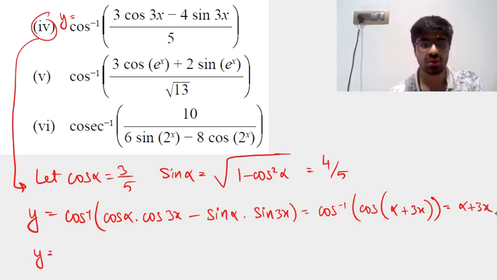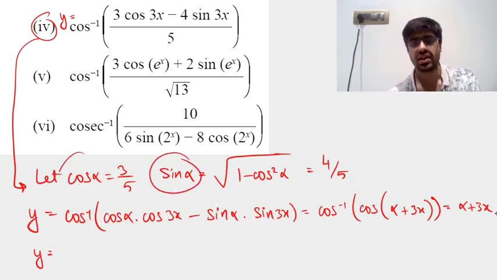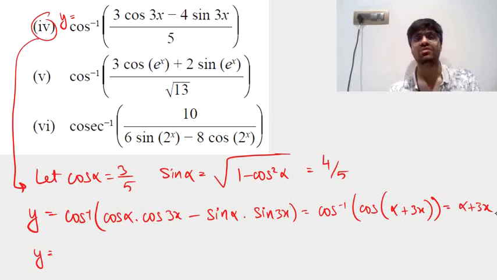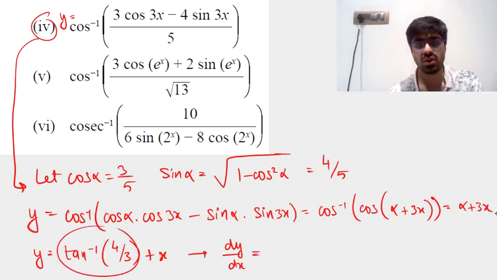So y will be equal to alpha plus 3x, and alpha is taken from here. So sin alpha upon cos alpha will be tan alpha, which is 4 by 3. So if tan alpha is 4 by 3, alpha will be equal to tan inverse of 4 by 3, plus x. Take a derivative, so dy by dx now will be equal to 0 plus 1, and that is simply equal to 1.